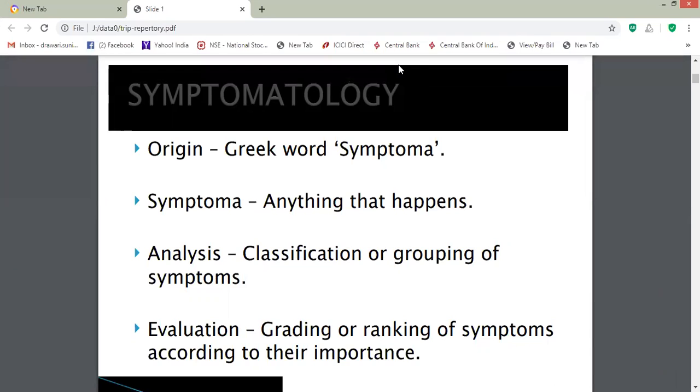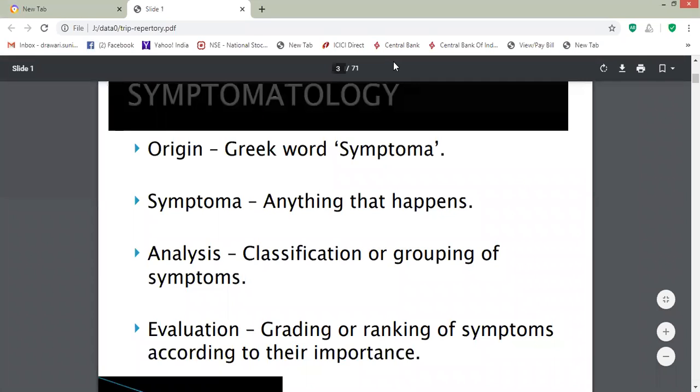In those also, different grades are given. Different grades are given to remedies, and in some repertories different grades to symptoms are also given. So the evaluation, grading or ranking of symptoms according to their importance, and grading of medicines according to their importance, is also very important.